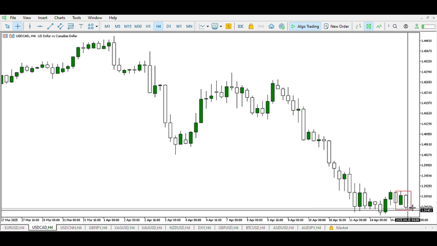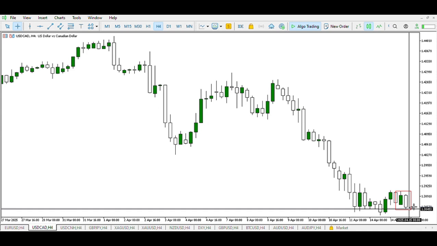So for buyers to make money, there has to be an equal number of sellers on the other side, so the buyers can take money away from them. Likewise, for sellers to make money, there has to be an equal amount of buyers on the other side, so sellers can take money away from them. So for the market to do this, it moves in tandem with liquidity, as this creates equilibrium in the market.